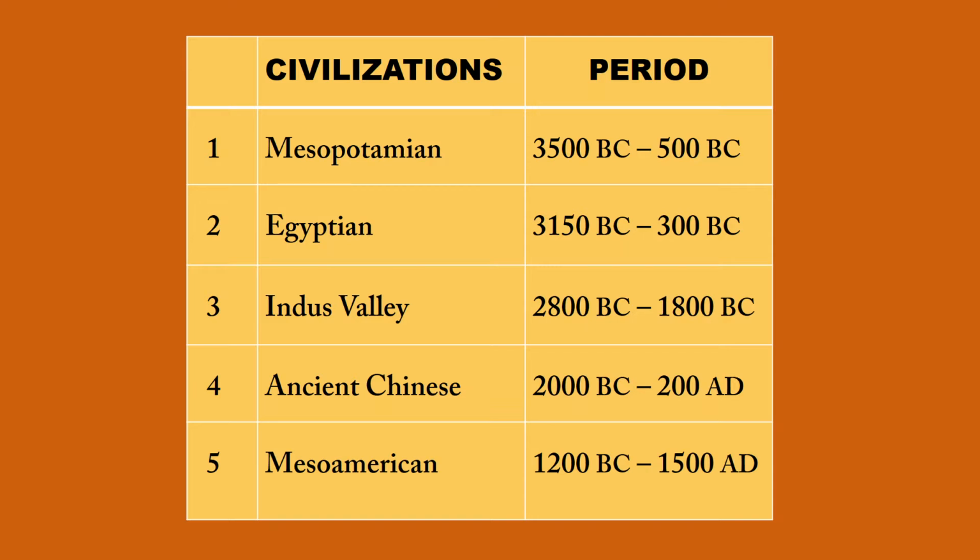Similarly, other civilizations like Egypt, Indus Valley, etc. emerged in the succeeding centuries. And as we discussed in the previous video, these civilizations emerged on the banks of certain rivers.